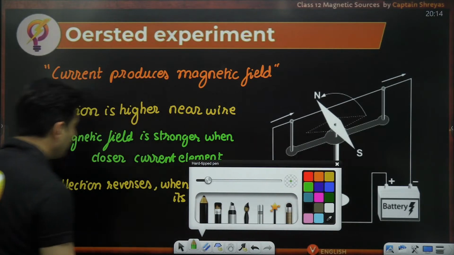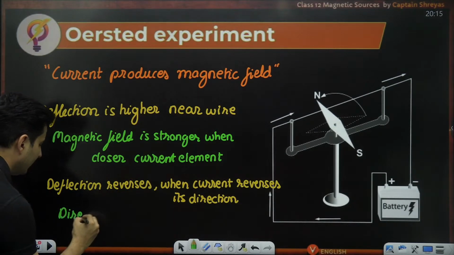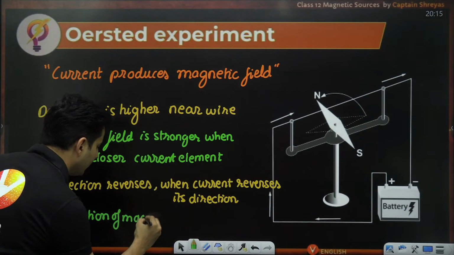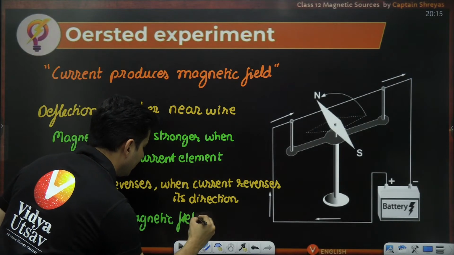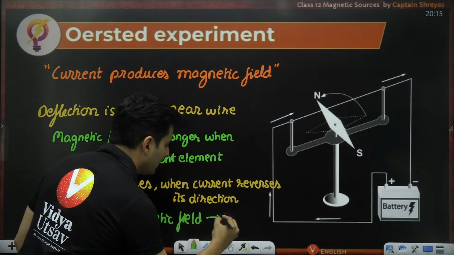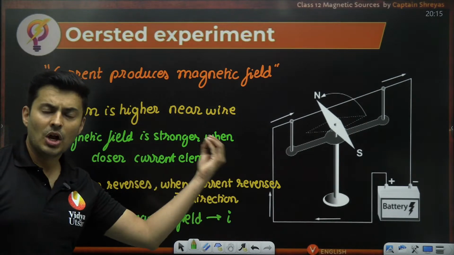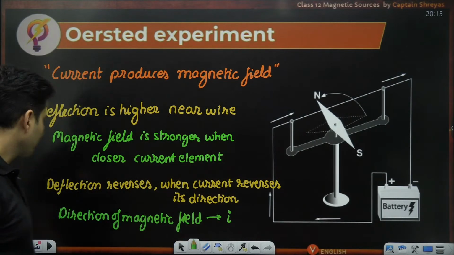So that in turn proves that the direction of the magnetic field is completely dependent on the current's direction. All these things were very, very clear.